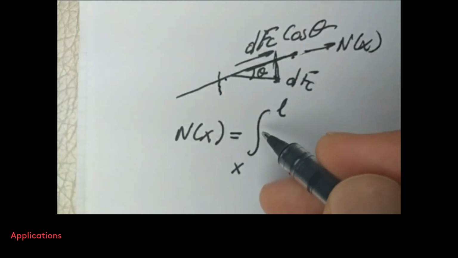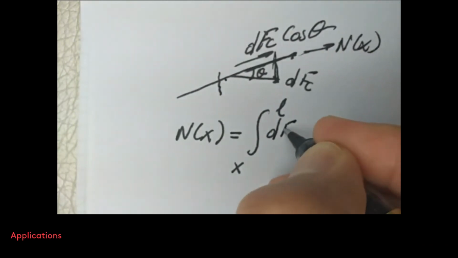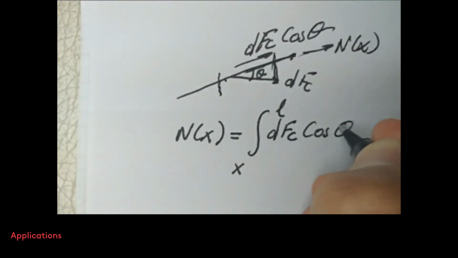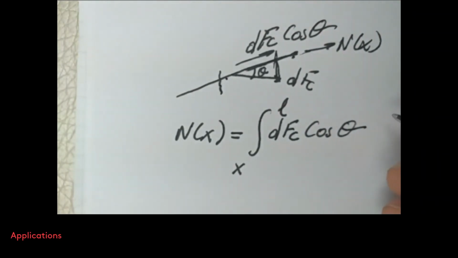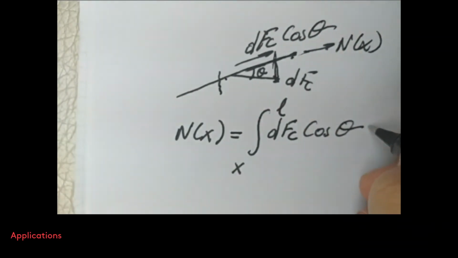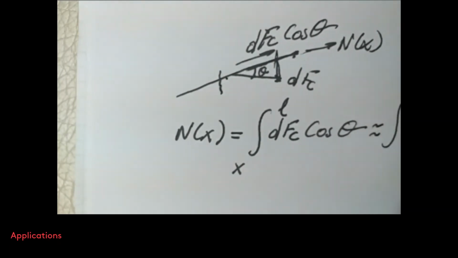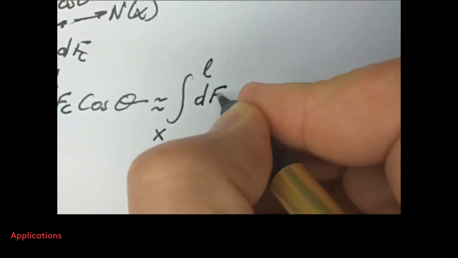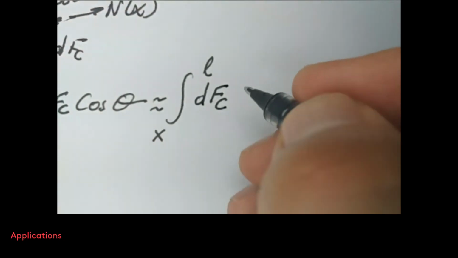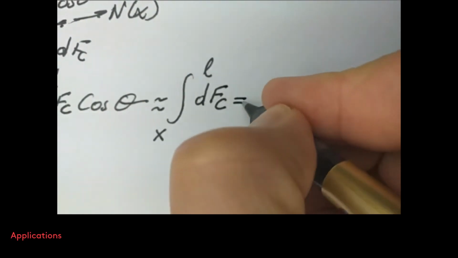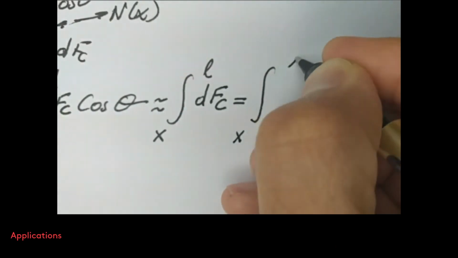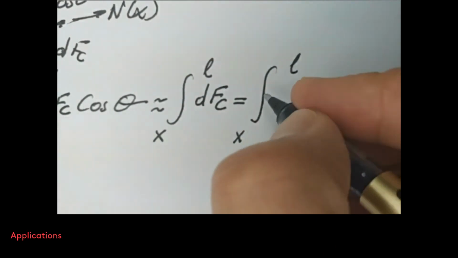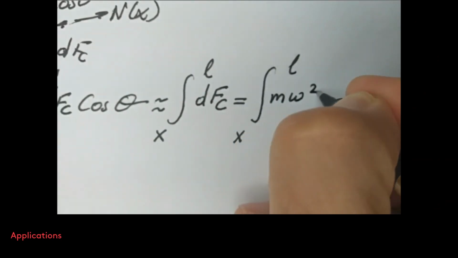Now this is the Fc multiplied by cosine theta. Cosine theta is approximately 1 again, so we can neglect it. From X to L, this is the Fc, and that is equal to the integral from X to L of m omega square x dx.